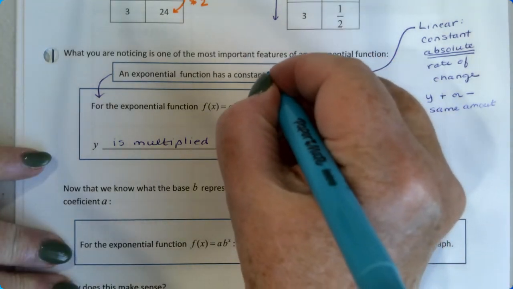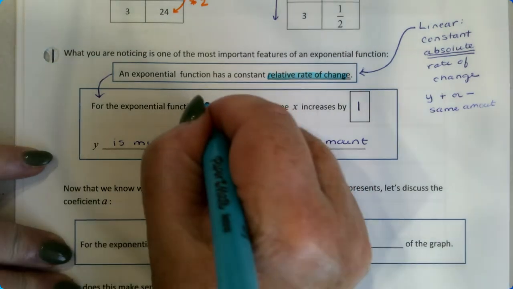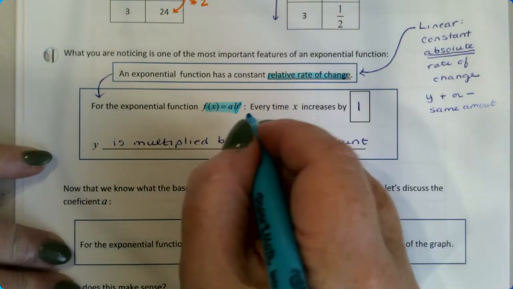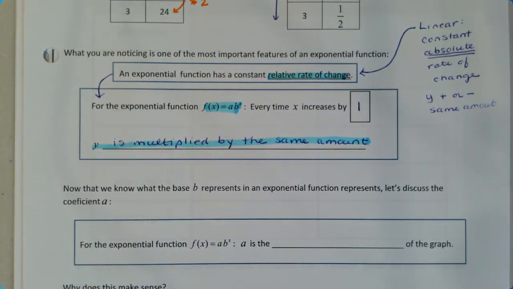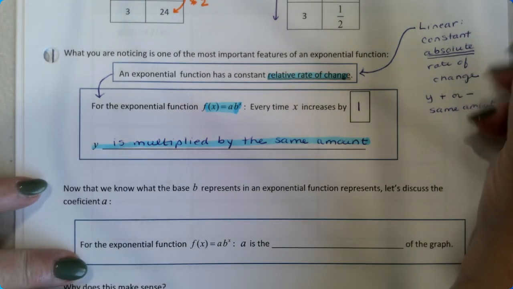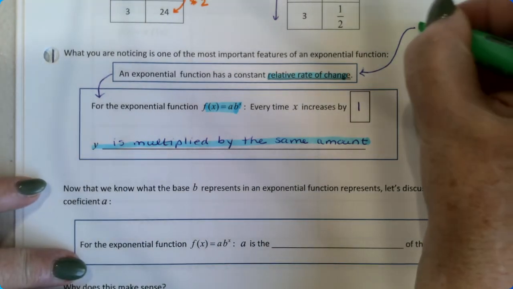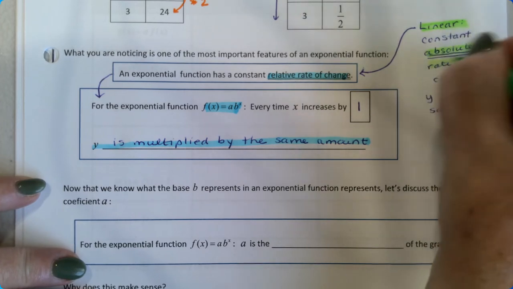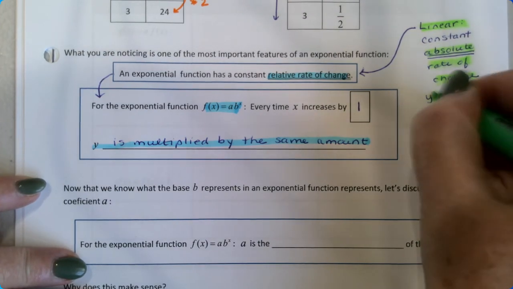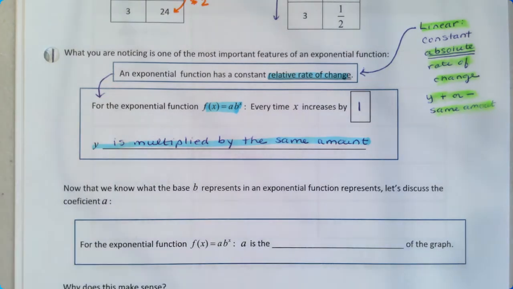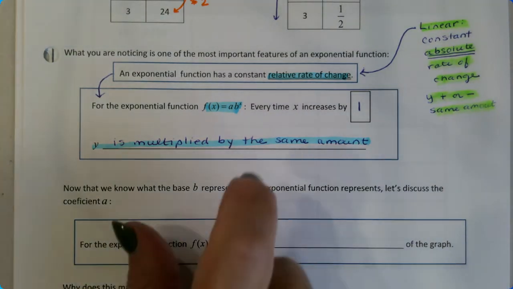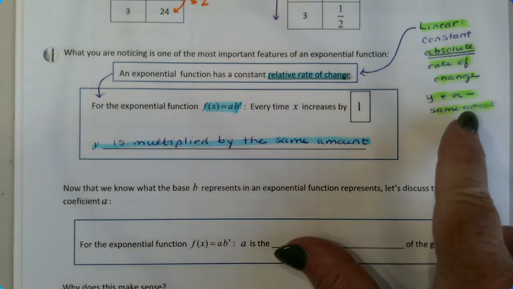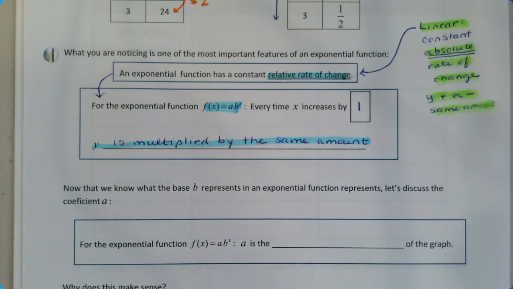With the relative rate of change, the exponential function, y gets multiplied by the same amount. In a linear function, the absolute rate of change, y is added or subtracted by the same amount. Okay. Multipliers are exponential functions. Constant adding or subtracting is a linear function.